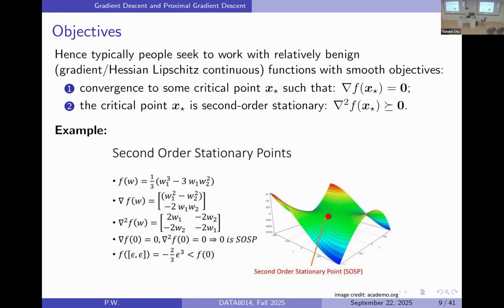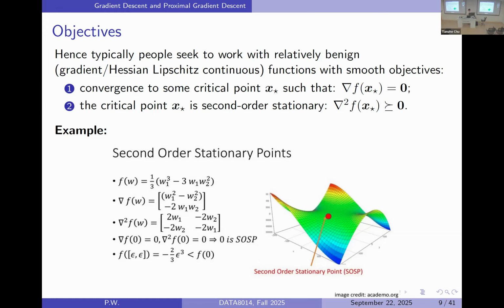A very concrete example: the identity matrix, 2 times 2. You can use the definition to very easily verify this is a positive semi-definite matrix, right?